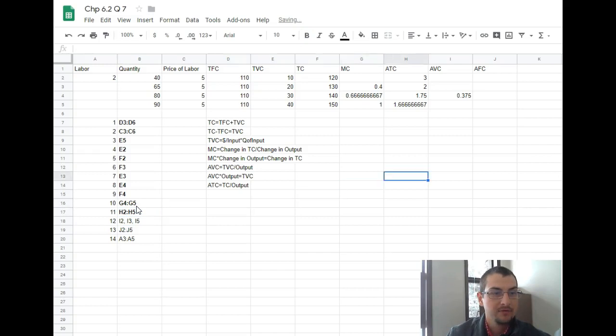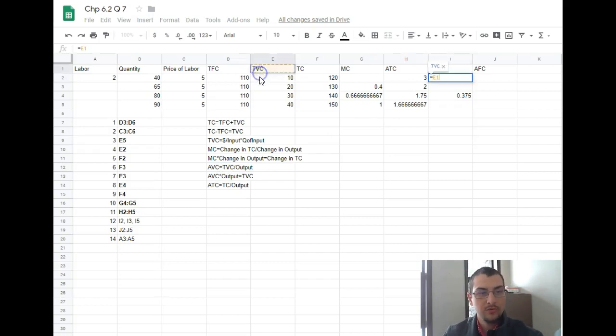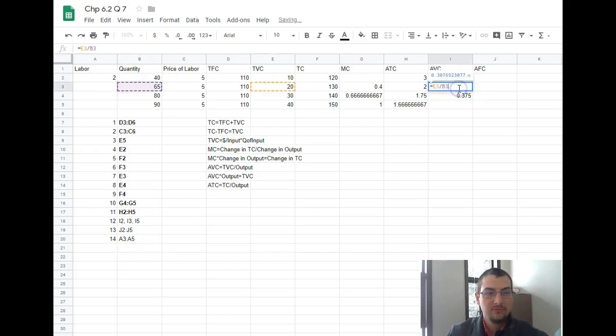Now we need to calculate our average variable cost. And we already have our formula down here. Average variable cost equals total variable cost divided by output. And we can go ahead and do that same formula here. I'm going to place that last formula right there, and that's going to be the total variable cost divided by the output.